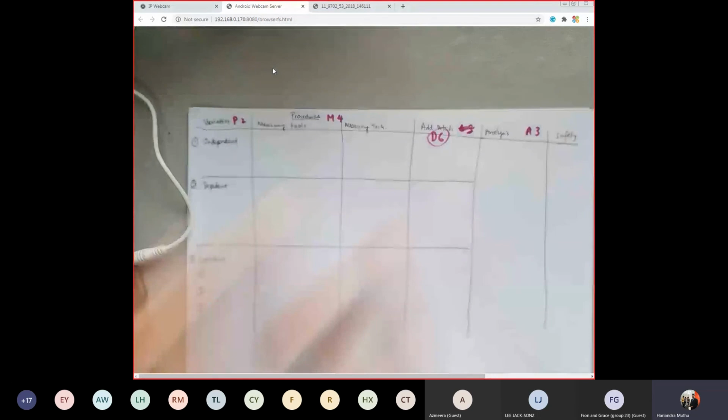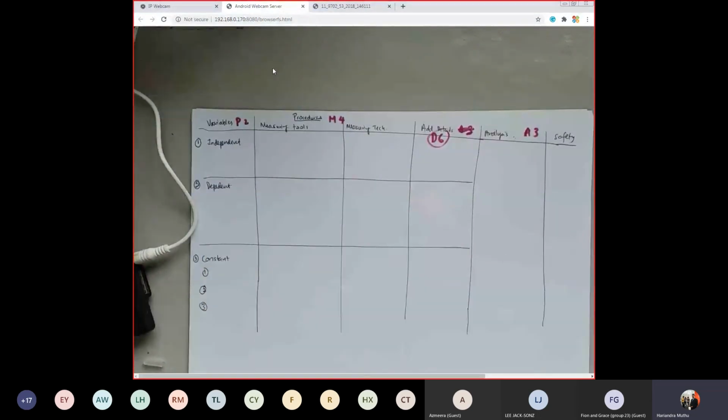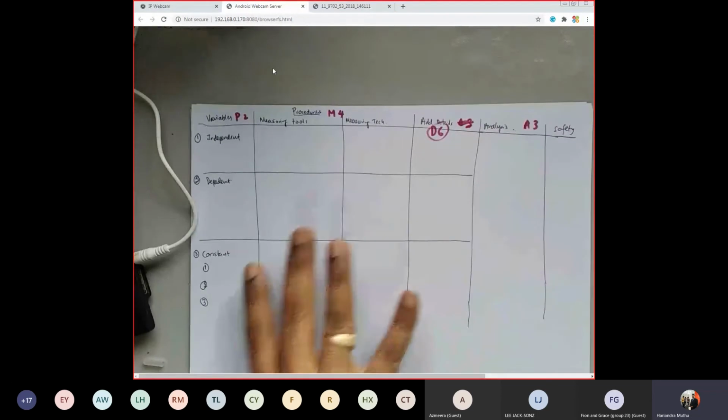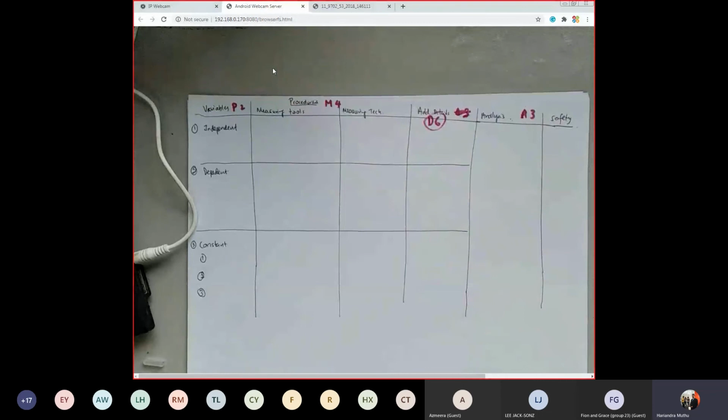Okay, now I hope you have drawn the table. So I give you 1 or 2 minutes for you to draw your own table. You follow the table here, right? Can you do that now?